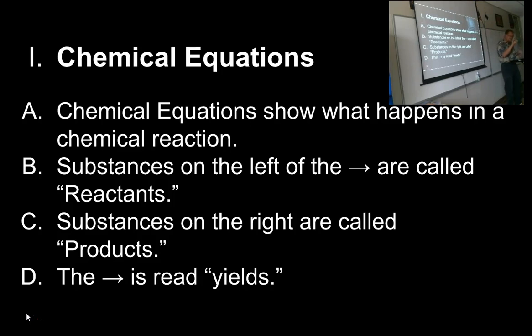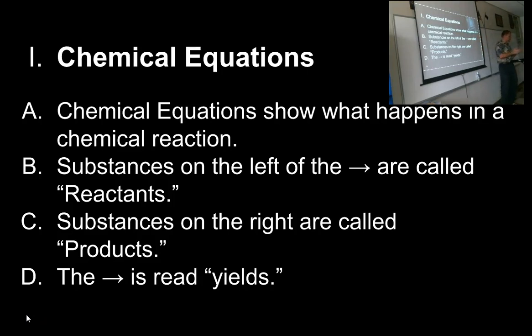And 4 is the same as 2 and 2 more. We don't use an equal sign in chemistry because it's not the same thing. Baking soda plus vinegar is not the same thing as carbon dioxide and salt, okay? And so we don't say an equal sign because they are not the same.